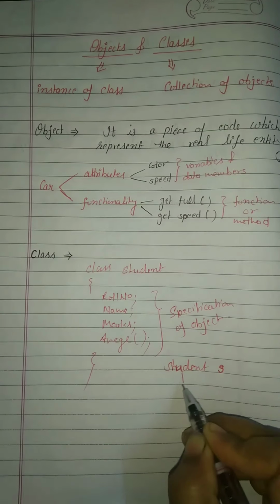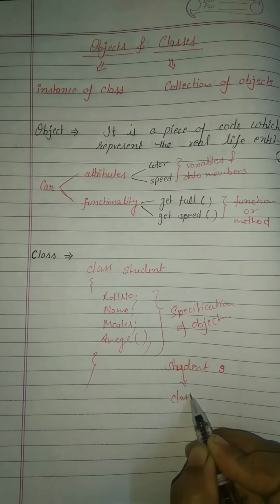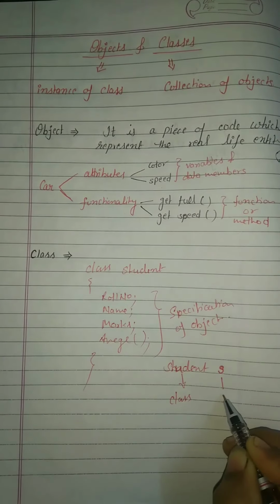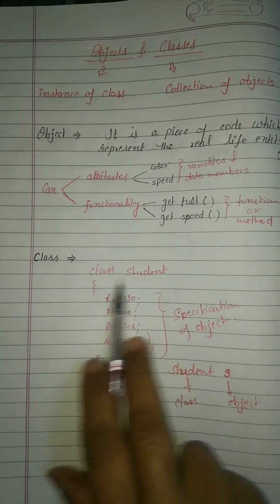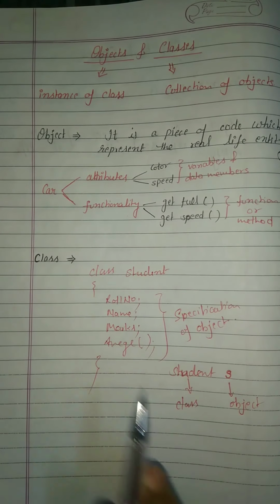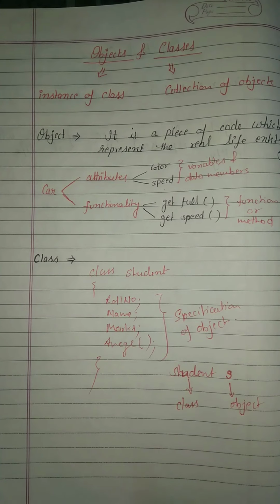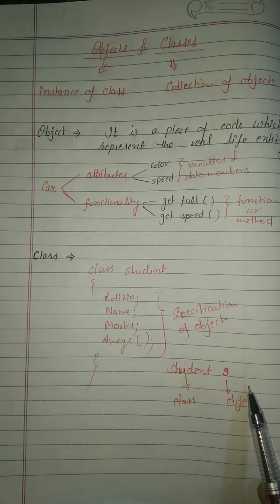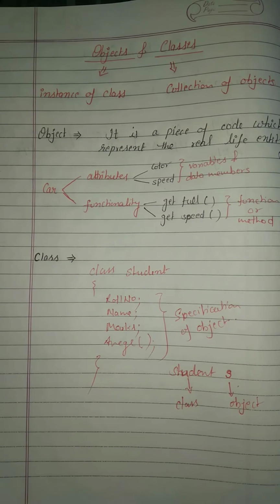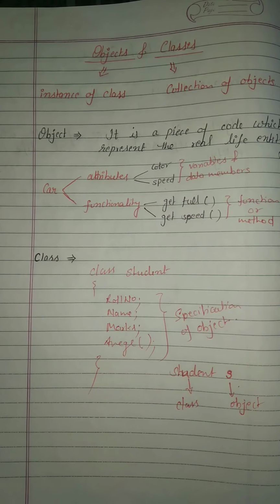Student is a class, and S is the object. So when we want to call these members, we need the Student class as well as an object. Now let us see an example so you clearly understand what is an object and what is a class.